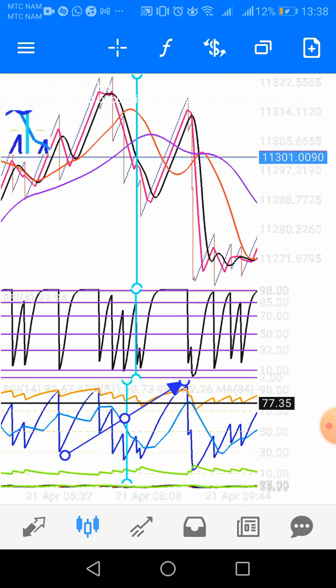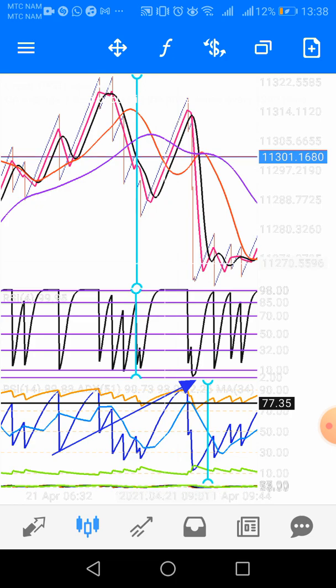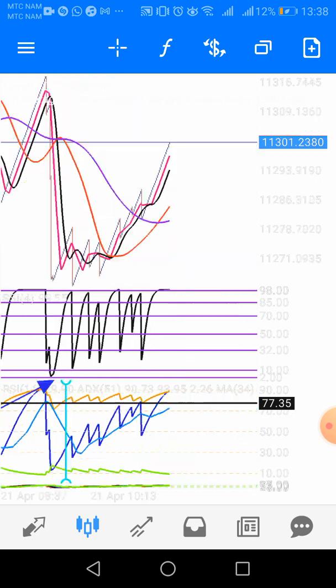For example, I just need to connect this low. Here is where I was going to enter, and I was going to catch that first spike.